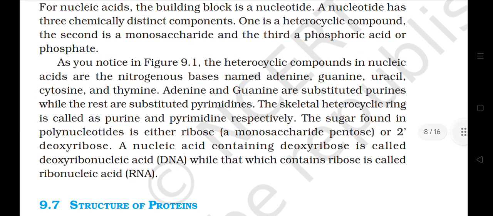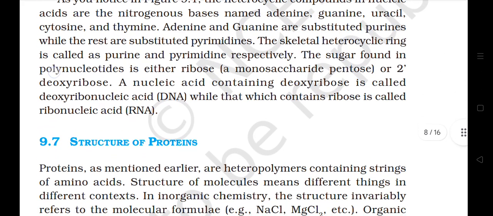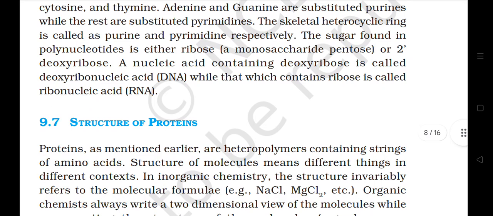As you notice in figure 9.1, the heterocyclic compounds in nucleic acids are the nitrogenous bases named adenine, guanine, uracil, cytosine and thymine. Adenine and guanine are substituted purines while the rest are substituted pyrimidines. The skeletal heterocyclic rings are called purine and pyrimidine respectively.